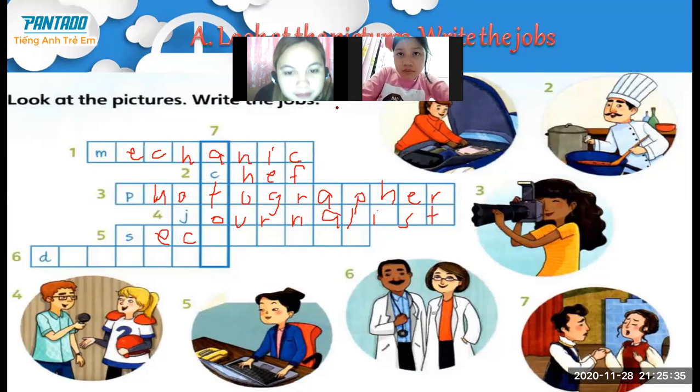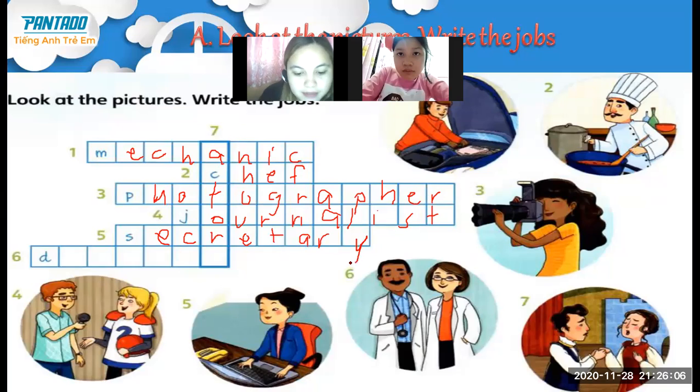Sec. Well, I don't know. Okay, that is secretary. Secretary.